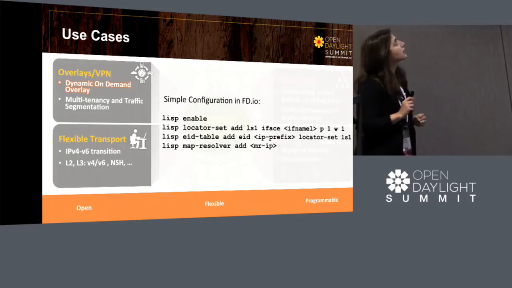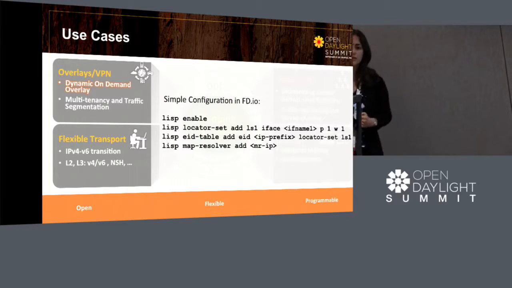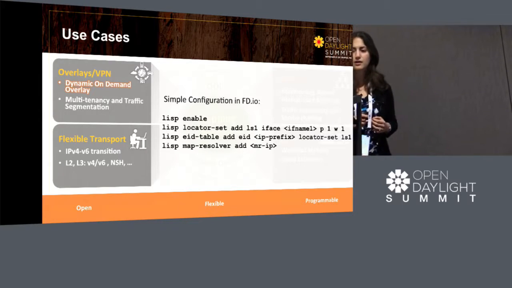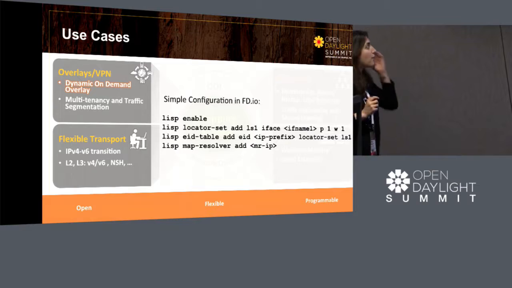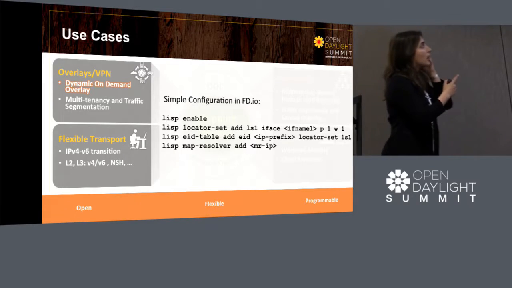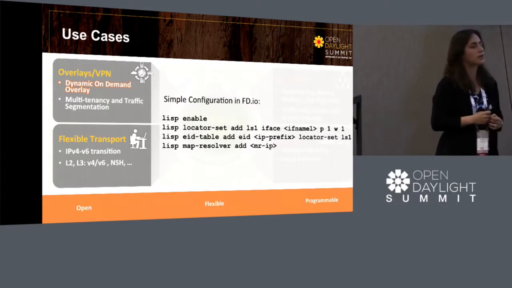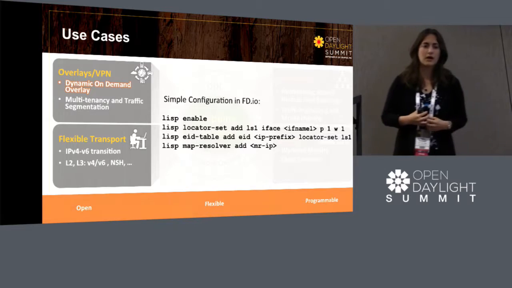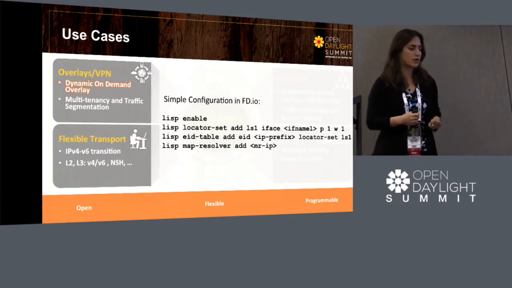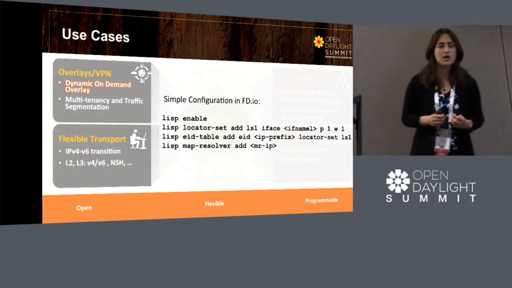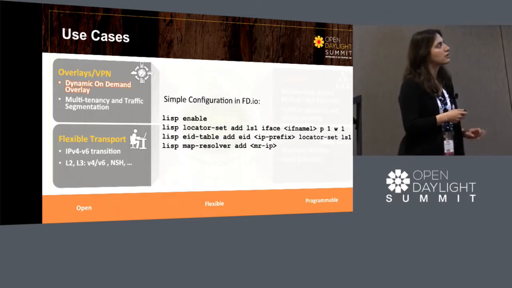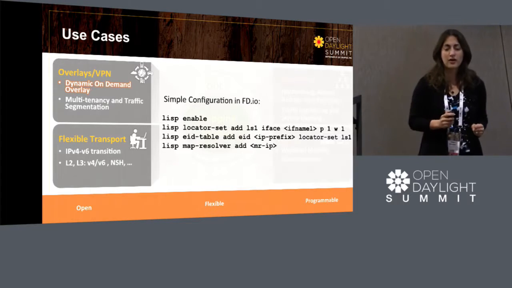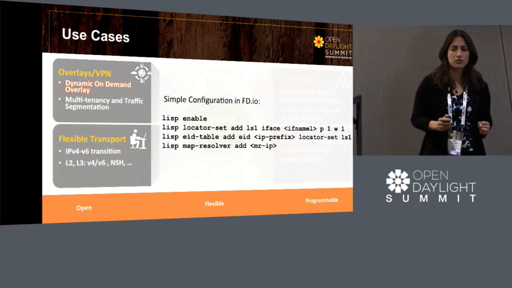So looking at the first bucket, the overlay and VPN type use cases, the basis in that sense. And here actually I've included the configuration that you need for setting up a LISP port on the FIDO platform. And as you see, it's basically just 4 lines of configuration, and you're good to go.